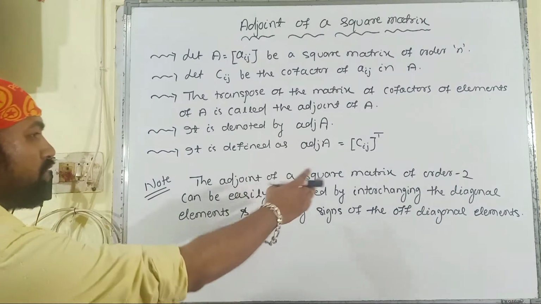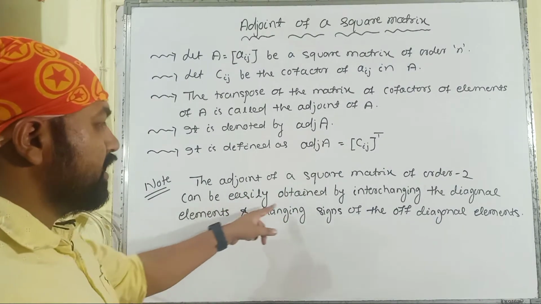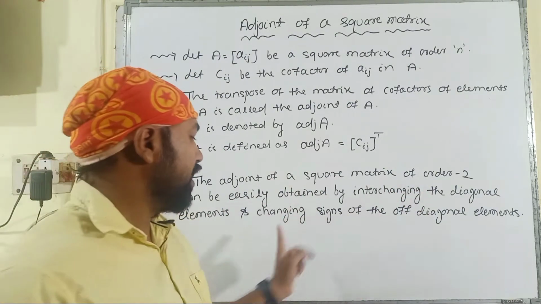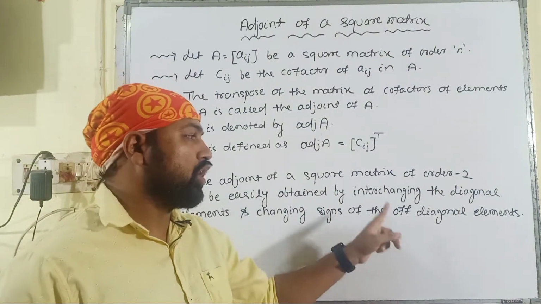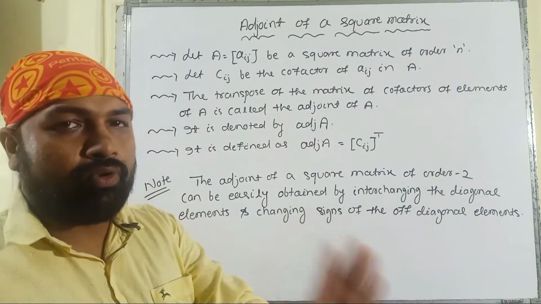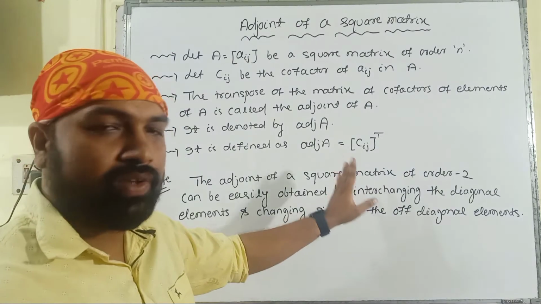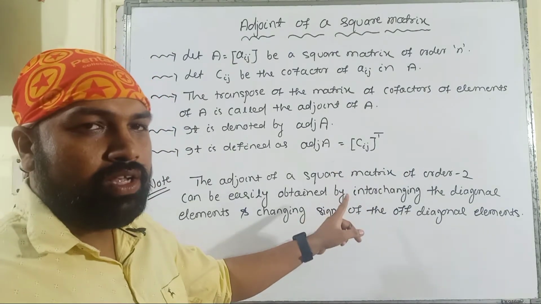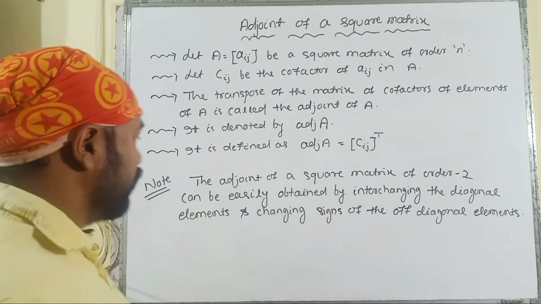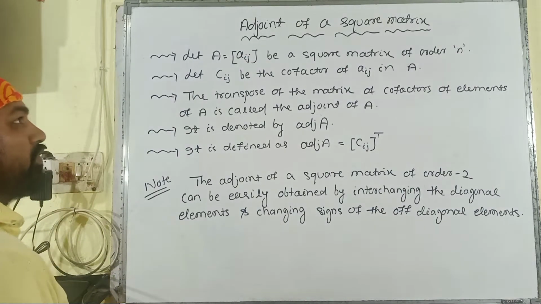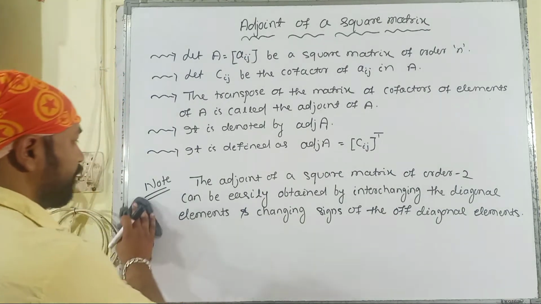The adjoint of a square matrix of order 2 can be easily obtained by interchanging the diagonal elements and changing the signs of the off diagonal elements. And we will discuss a problem based upon this note, which is from the square matrix of order 2.